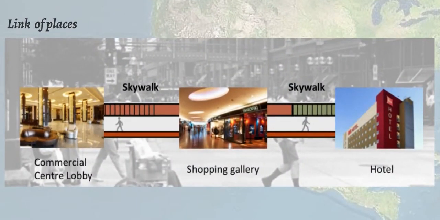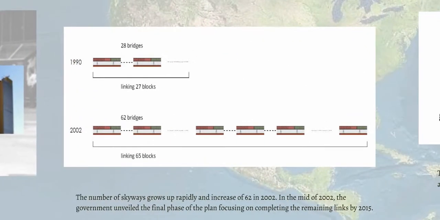There are different kinds of space linked by the skywalk, for example commercial, center lobby, shopping gallery, and hotel. In 2002, it was linking 2,000 stores, plus coffee shops and kiosks, 34 restaurants, 1,500 apartment units, 4,000 hotel rooms, and 2 million square feet of office space.